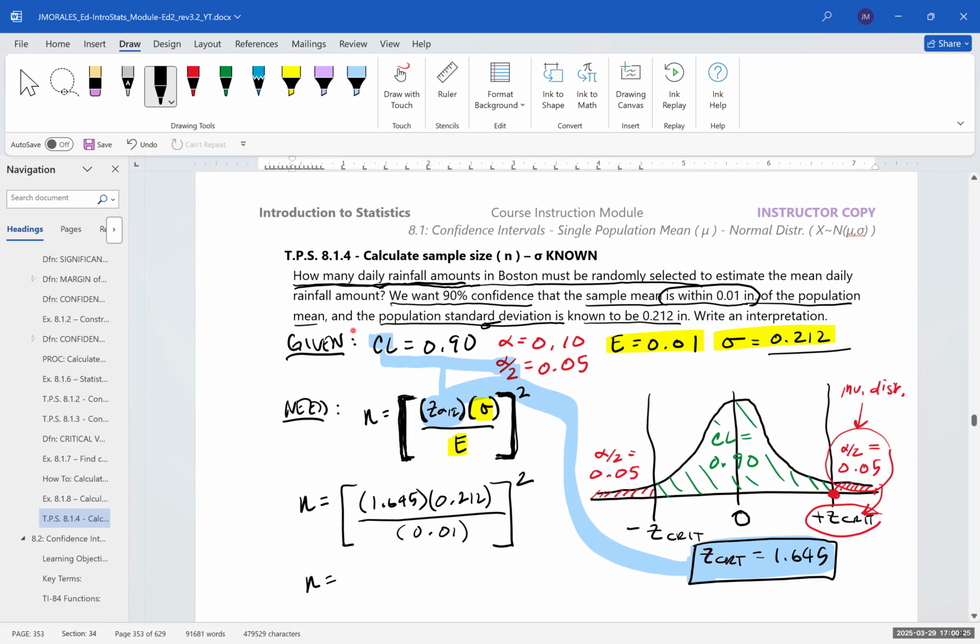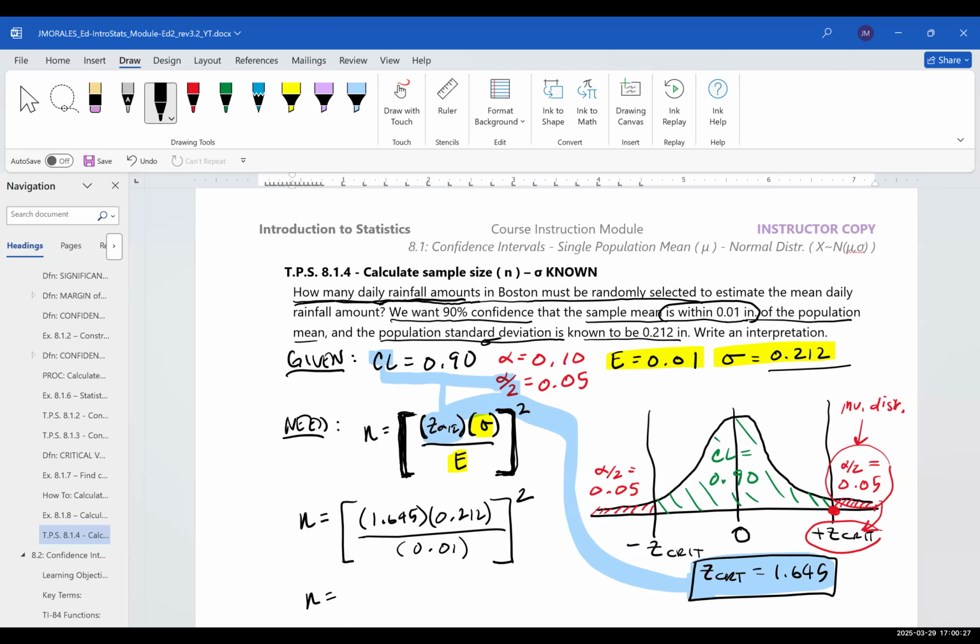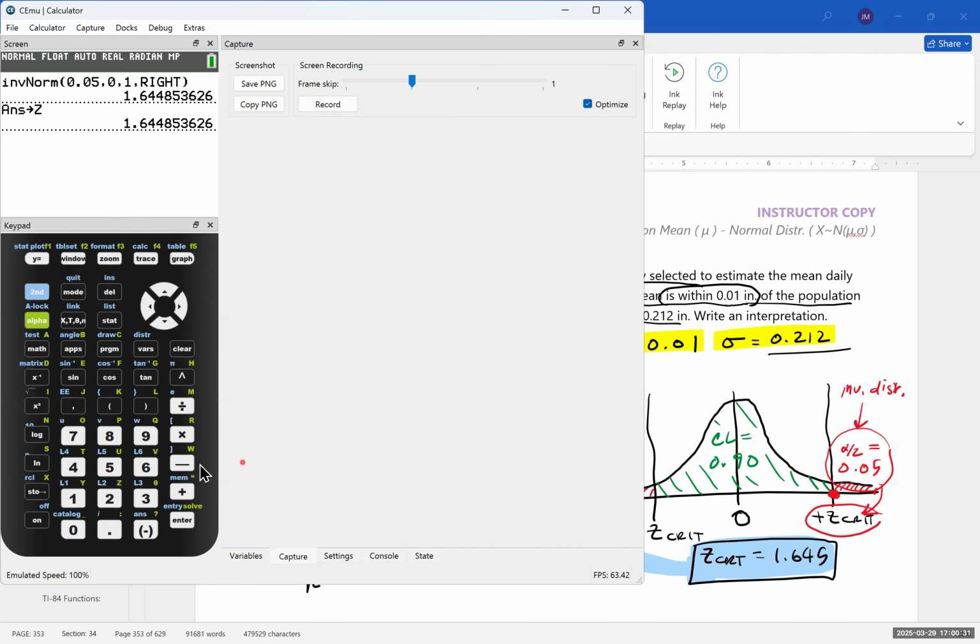So I think this time, I'm not going to put everything into variables like I did before. So let's see here. I need 2 parentheses. 1 parentheses for the squared and another parentheses for the numerator.